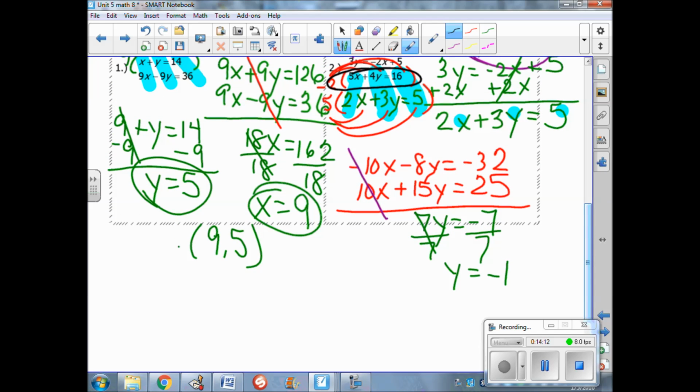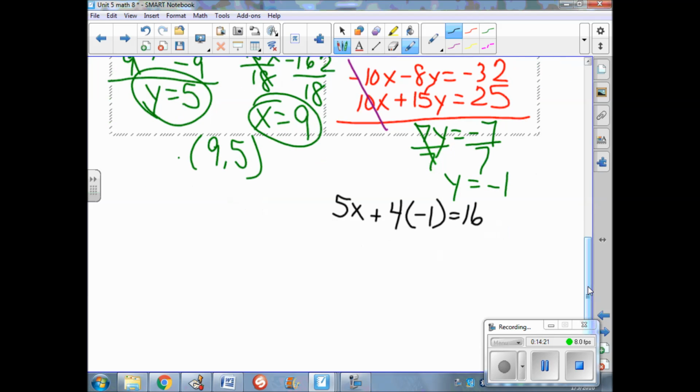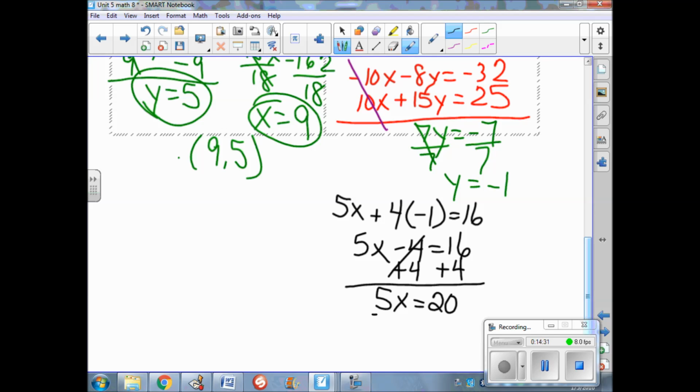Okay, so 5x plus 4 times the y I just found equals 16. 5x minus 4 equals 16. I'm going to add 4. 5x equals 20. I'm going to divide by 5, and x equals 4.